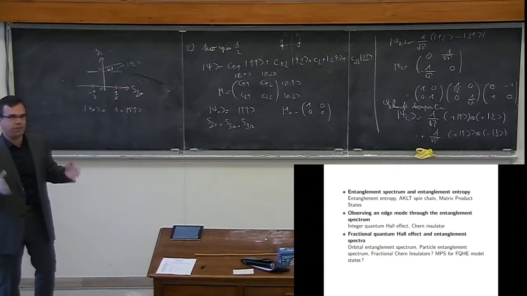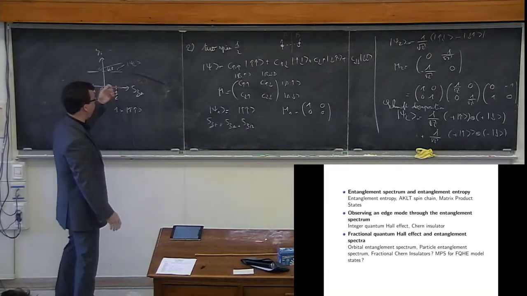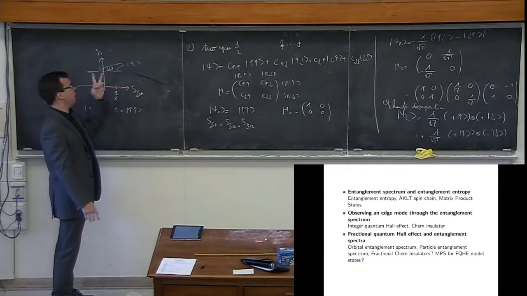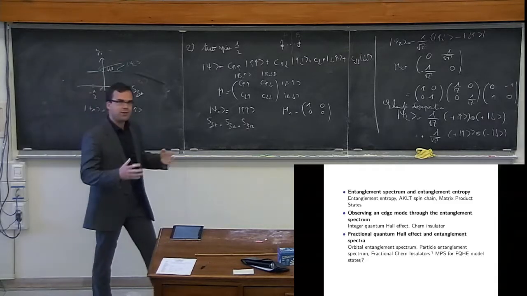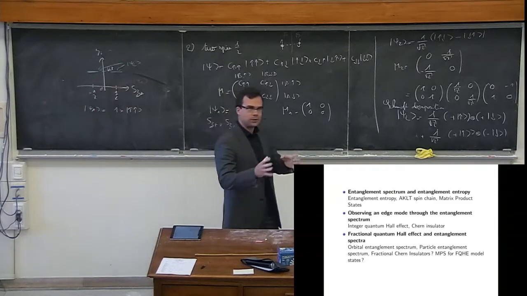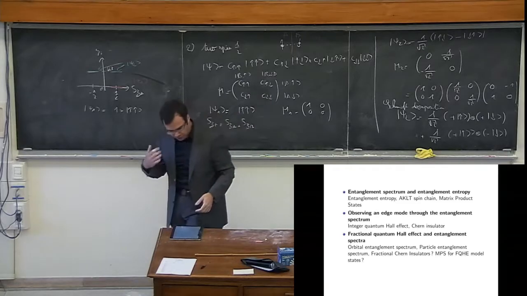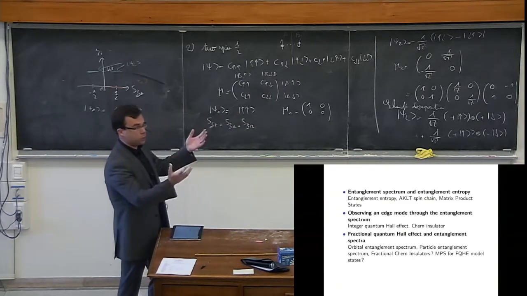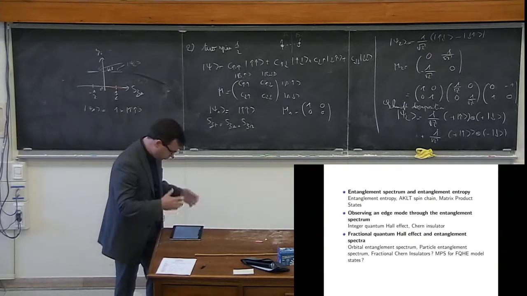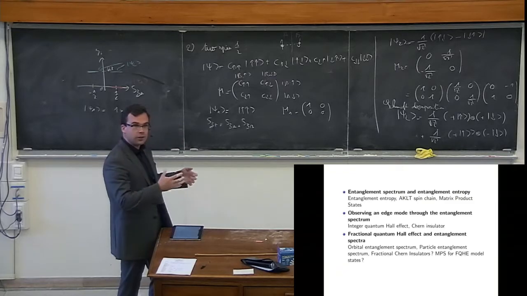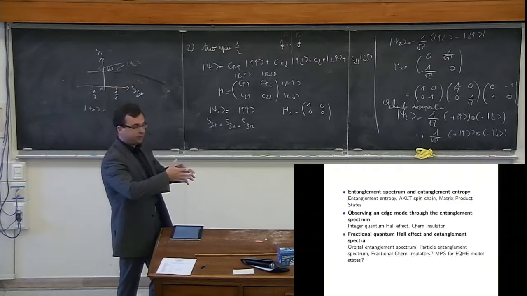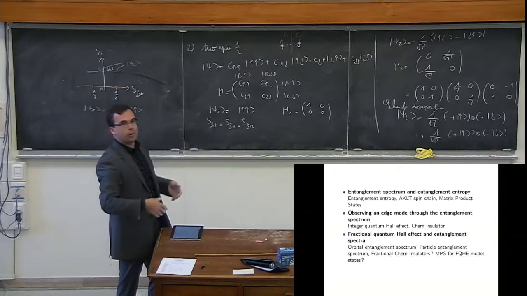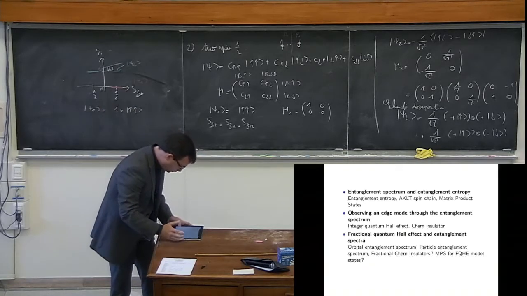When you count things, like here I have one level, here I have one level, here I have two levels, it's very simple to make the distinction between the two cases.